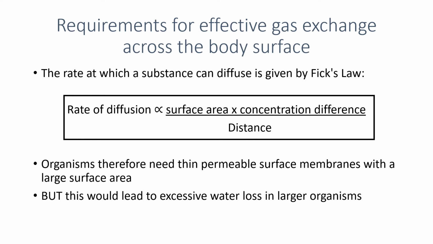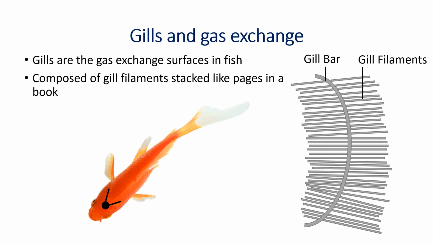And again, you need to remember that organisms need to get a balance between allowing gas exchange to occur, but not excessive water loss. However, now we're talking about fish, so excessive water loss doesn't play such a big role because they're obviously surrounded by water.